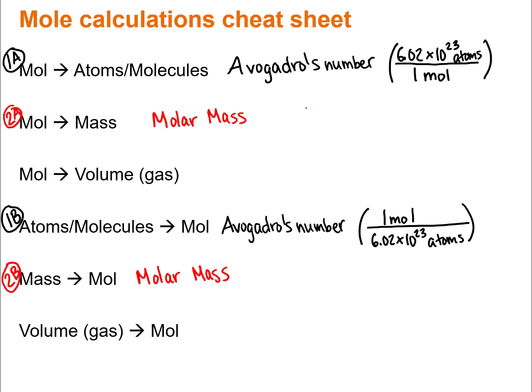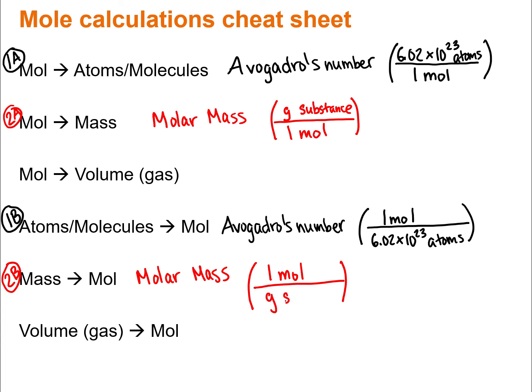If you're trying to figure out the mass, you're going to put your grams of substance on top and the 1 mole on the bottom. But if you've already got a mass and you need to figure out how many moles you have, you need the reciprocal. That's 1 mole on top and your grams of substance on the bottom.